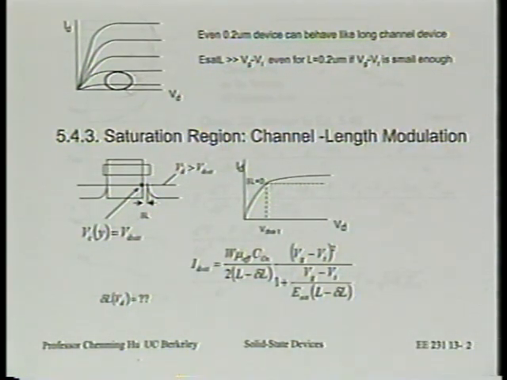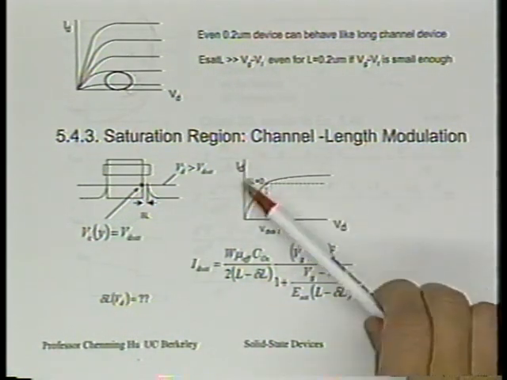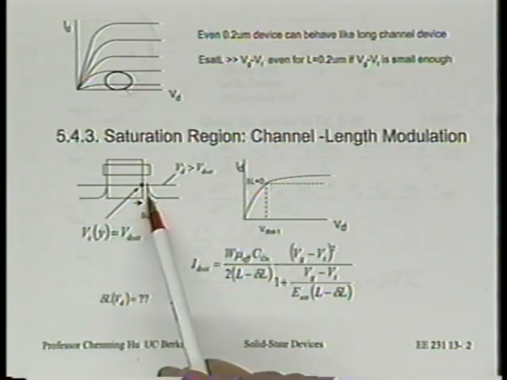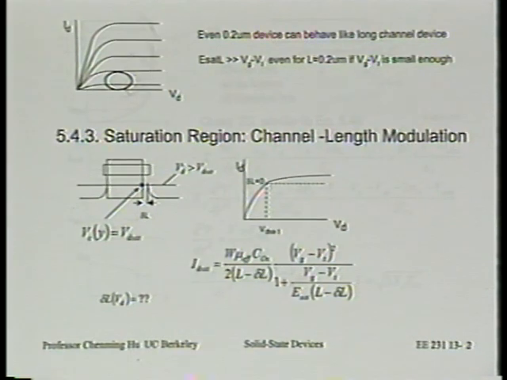Qualitatively, we have already discussed this before. It's because of channel length modulation. As VD increases beyond the VD set, there will be a finite distance of the channel consumed by that pinch-off region or the velocity saturation region.